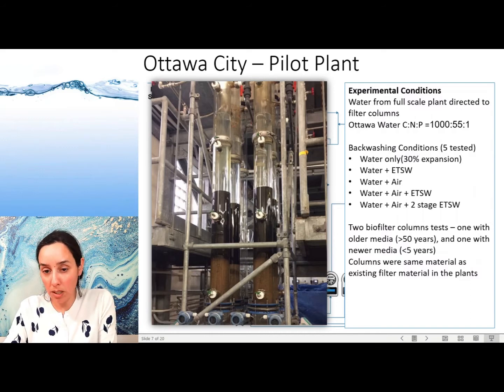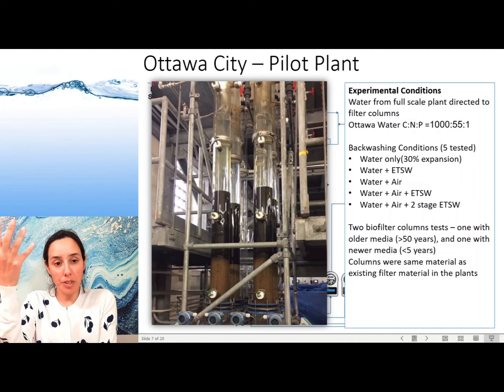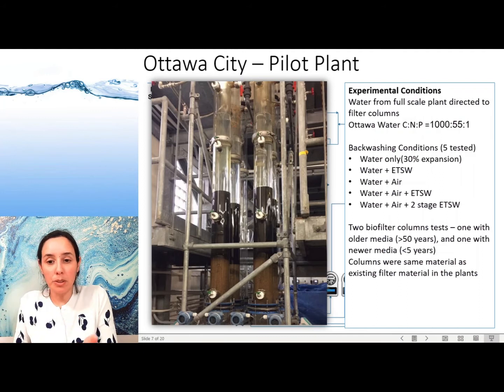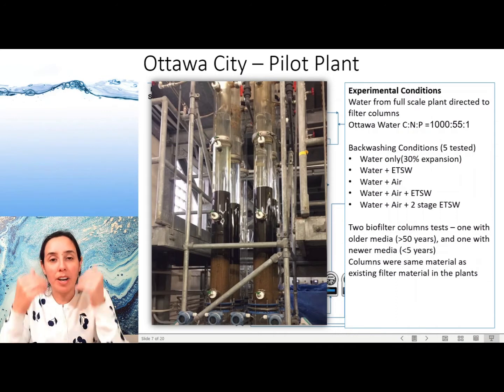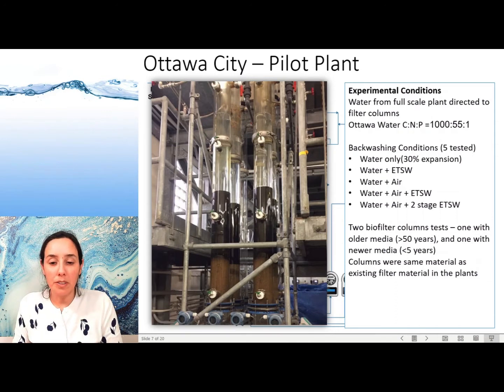subfluidization wash. If you're not familiar with ETSW, that's when you go from your regular 30% expansion and then you use a minimum fluidization velocity. So think of it as like 1% expansion, or less, just to lift those fine particles up and through your filter.